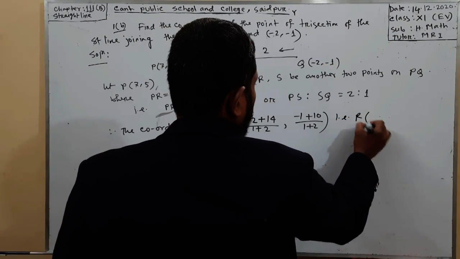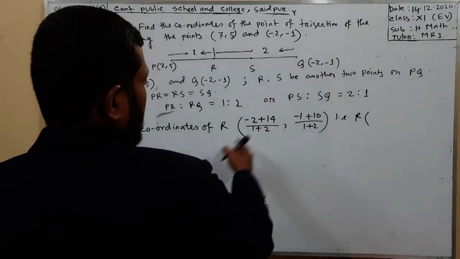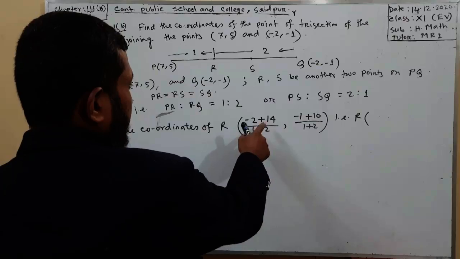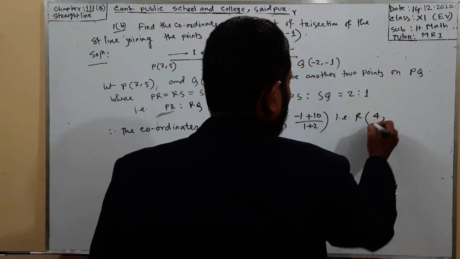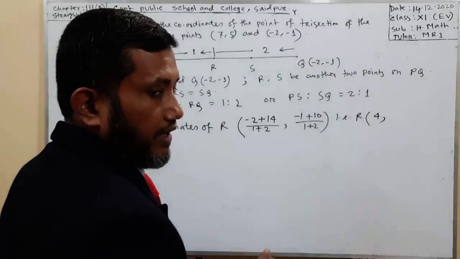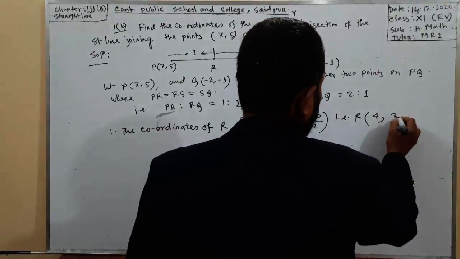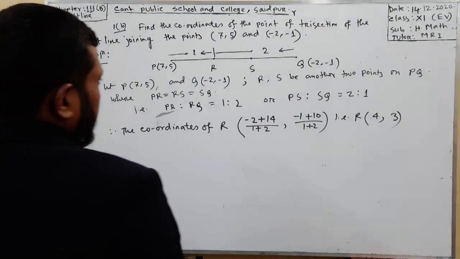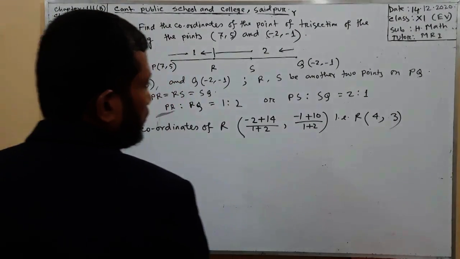Therefore, the coordinates of R will be 12 by 3, that is 4, and 10 minus 1, here 9 by 3, this will be 3.